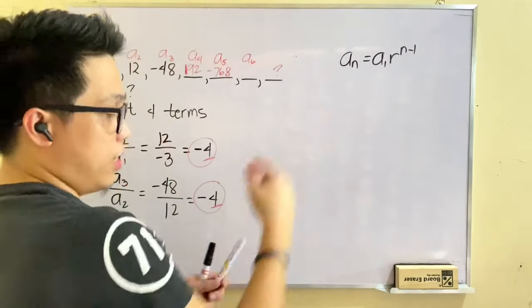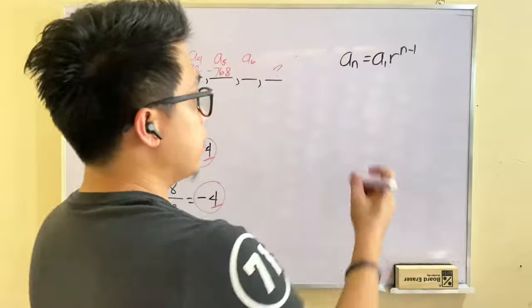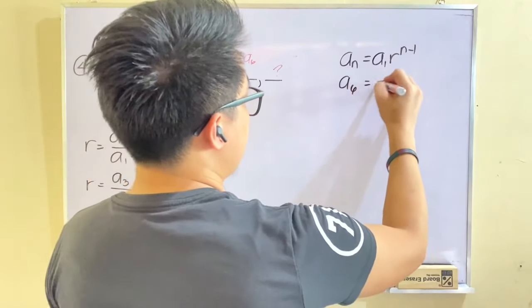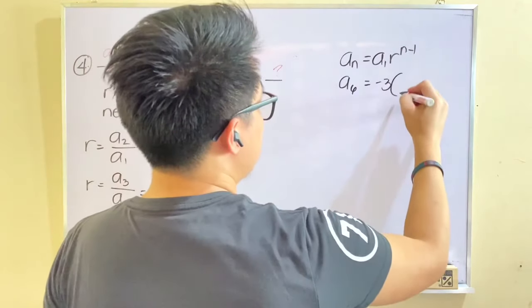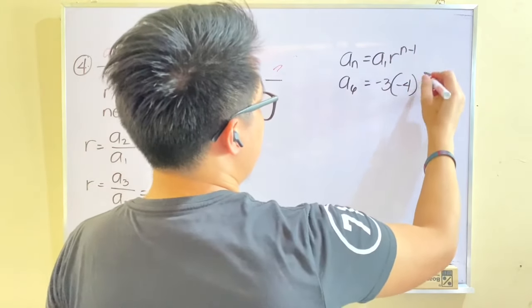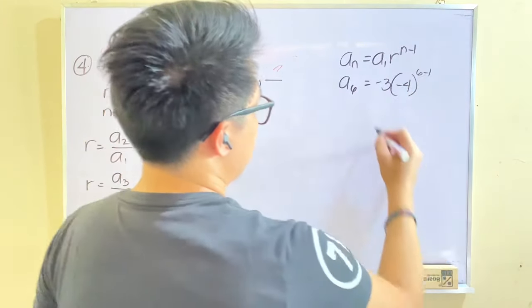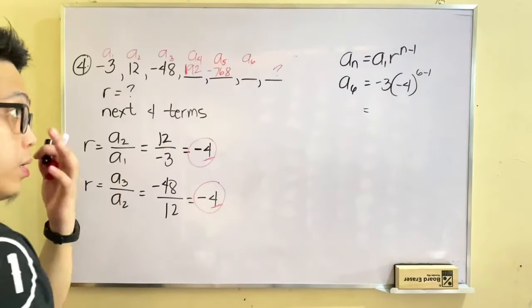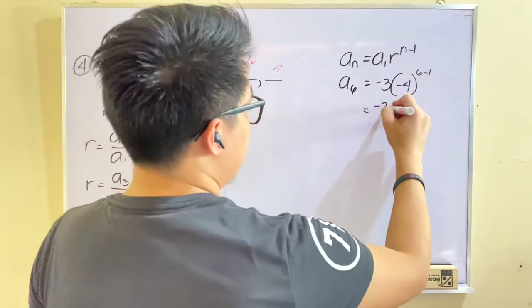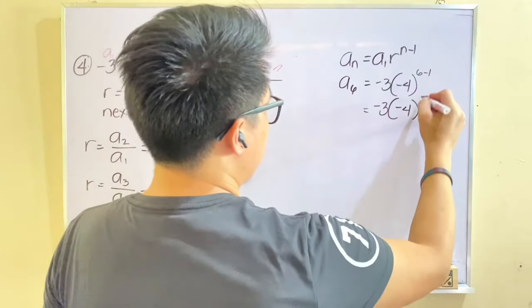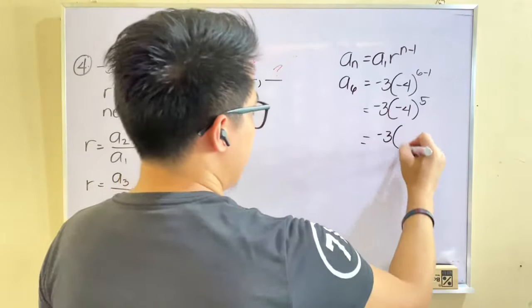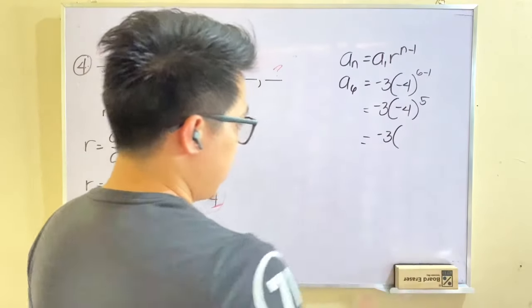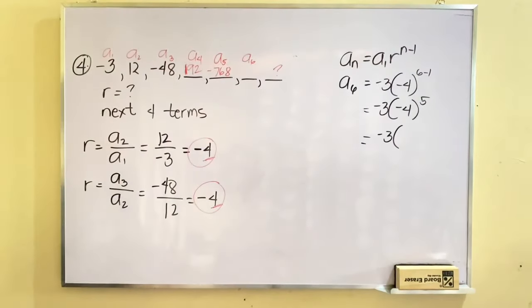So, using again the same formula for geometric sequence, a sub 6 is equal to a sub 1, which is negative 3, times ratio, negative 4, raised to 6 minus 1. Okay, negative 3 times negative 4 raised to 5 is equal to negative 3 times, ano yung negative 4 raised to 5?